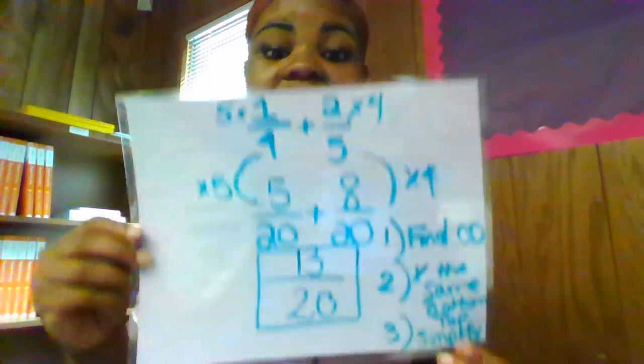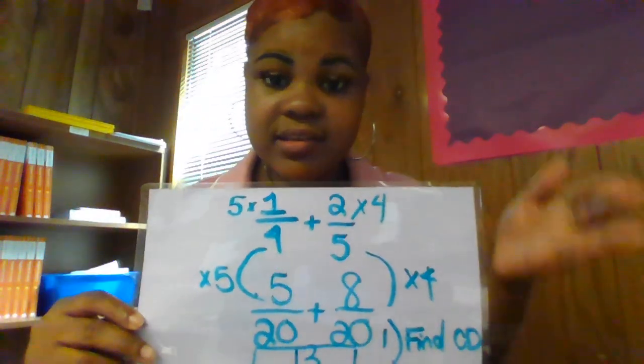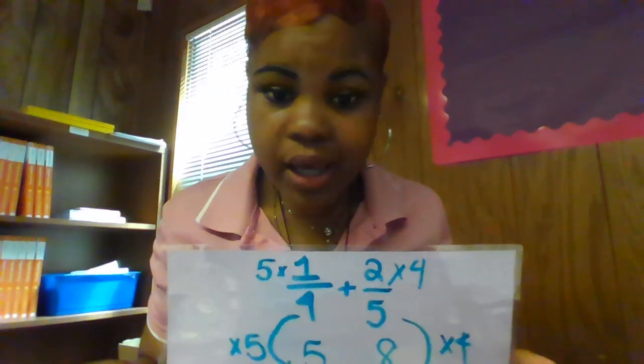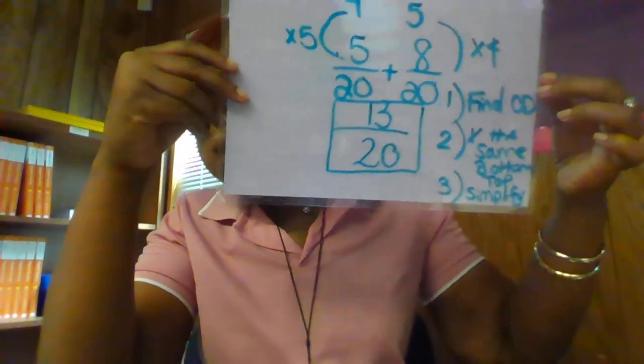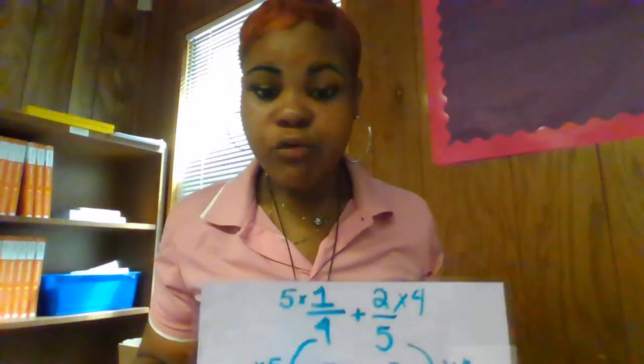And then, if possible, you want to simplify. Now, 13 does not have any factors except for itself and 1 because it is prime. So we are going to leave it as 13 over 20.